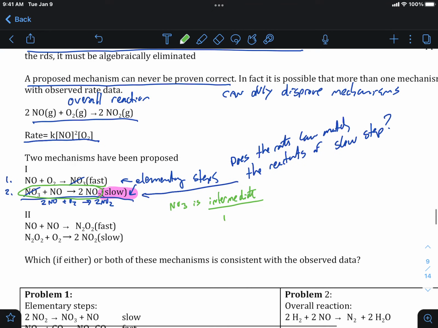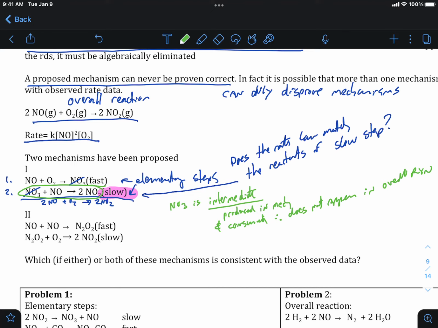An intermediate is produced in the mechanism and consumed, hence does not appear in the overall reaction.